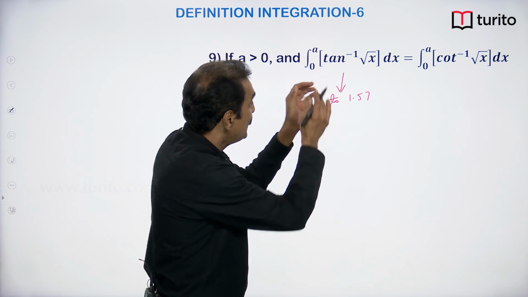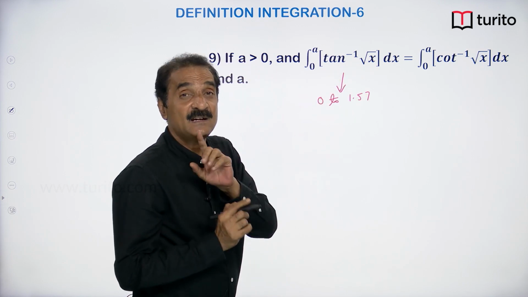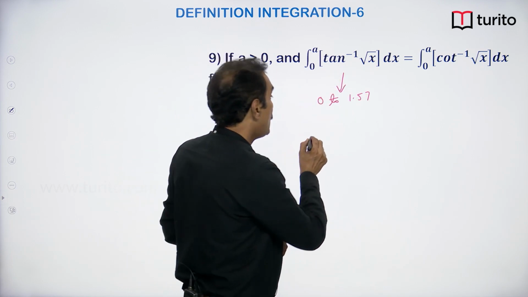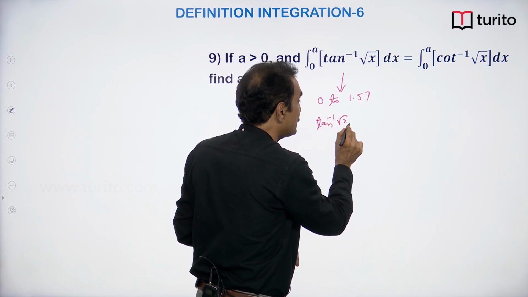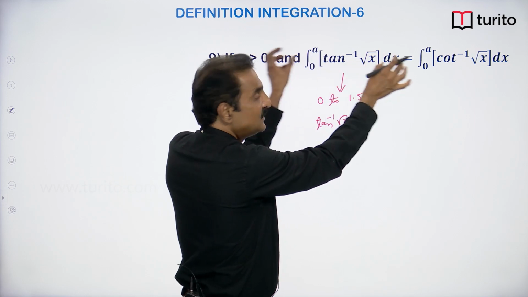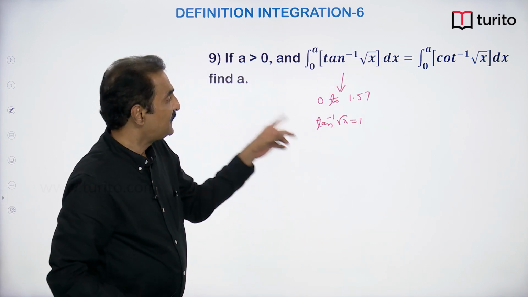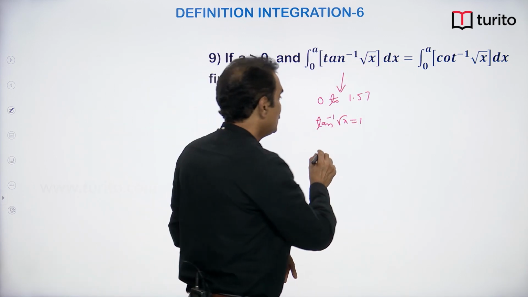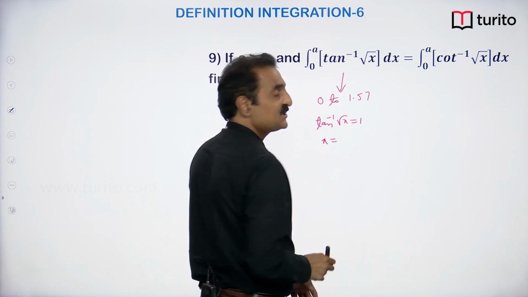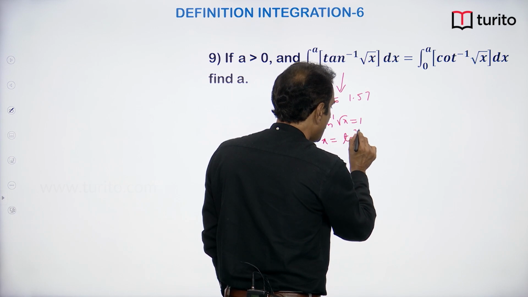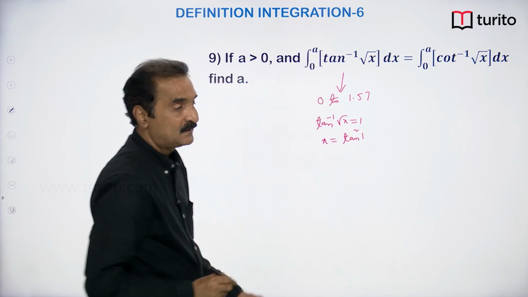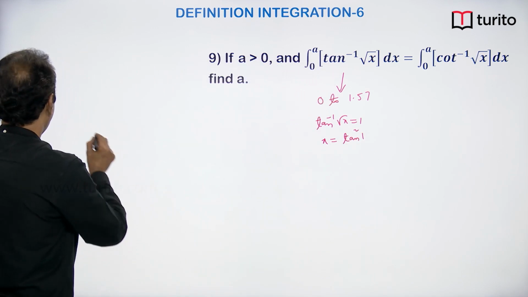So we have to break this integral at 1. At what value? At tan inverse root x is equal to 1, we have to break. If tan inverse root x is equal to 1, then root x is equal to tan 1, x is equal to tan square 1. So let us split it.